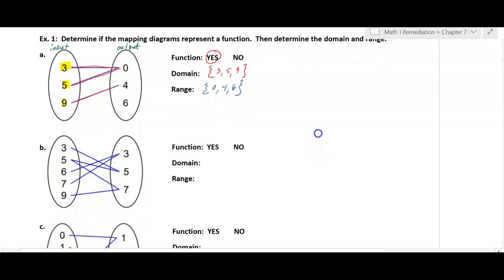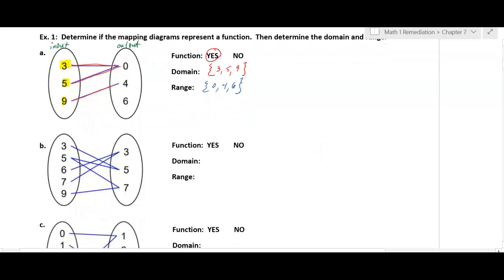Now when we look at letter B, this input has one output. But when I look at the input 5, it has this output and that output. Because 5 has two different outputs, that is not a function.